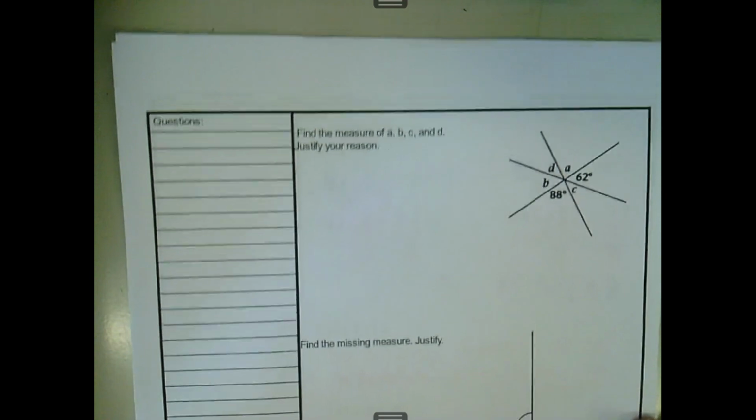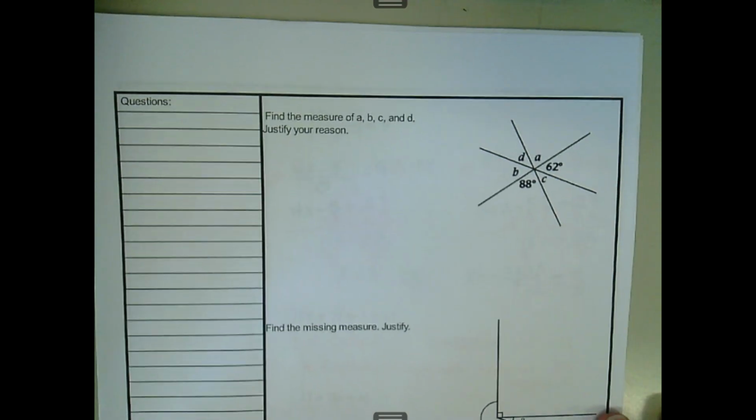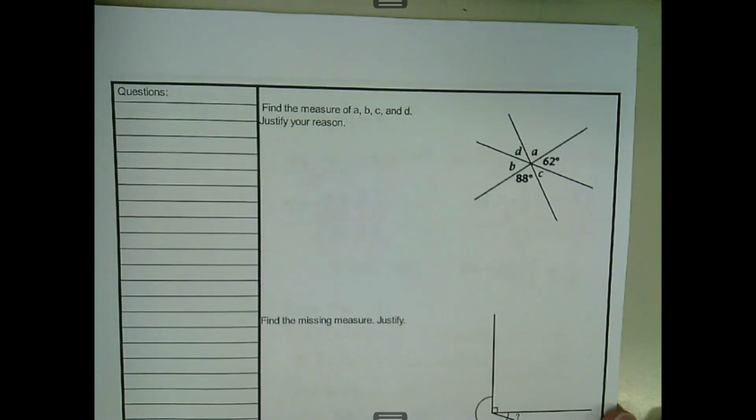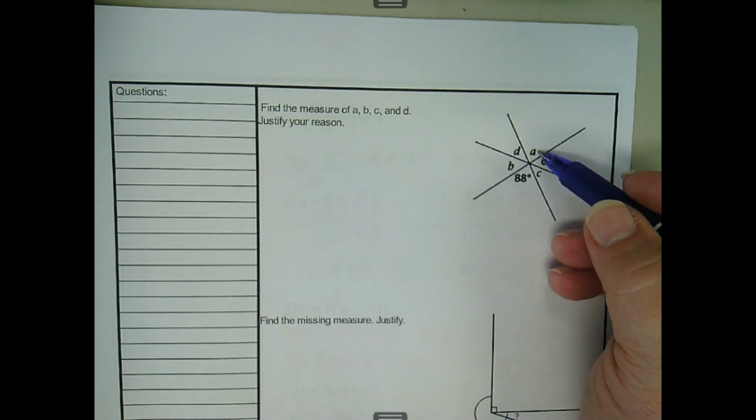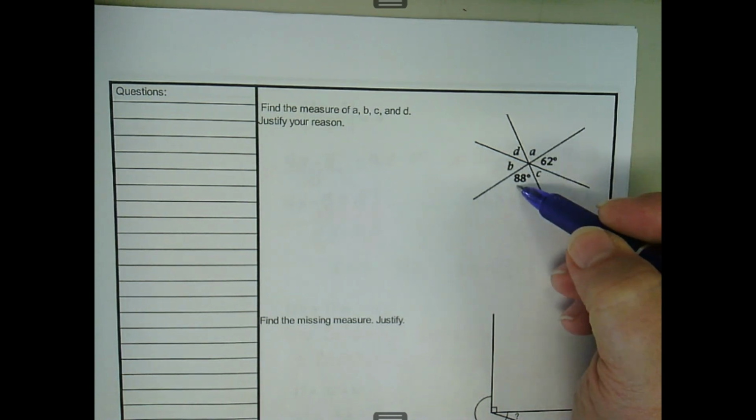Okay, find the measures of angles A, B, C, and D. So let's start, and we've got to justify. How do we know that it's that measure? So let's take a minute and look at A. Here's A. What do you notice? Well, straight across from A is 88.